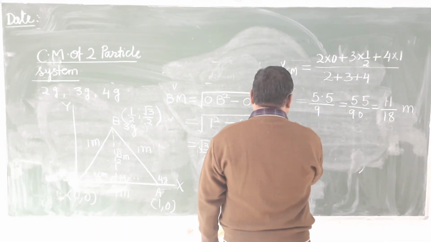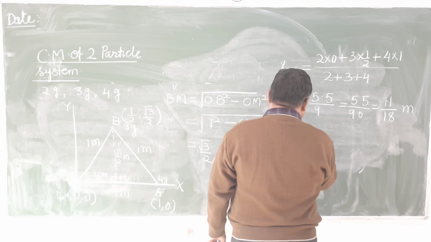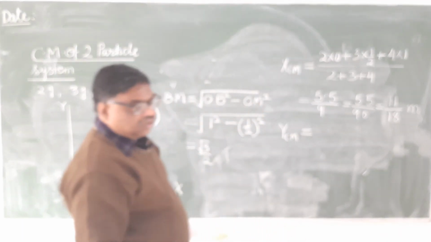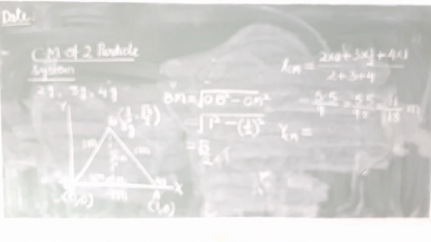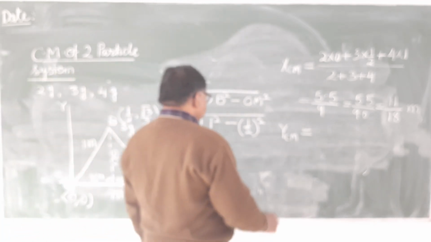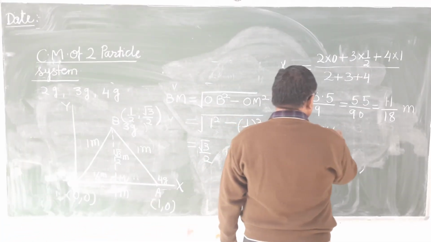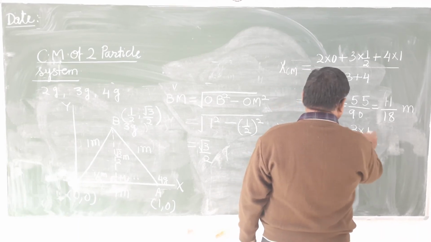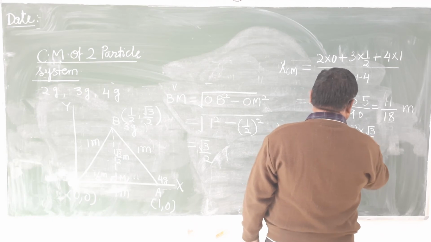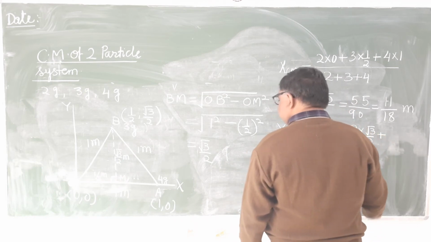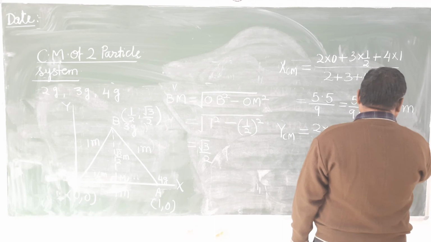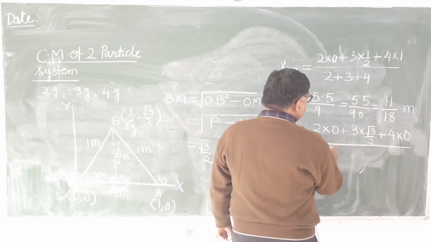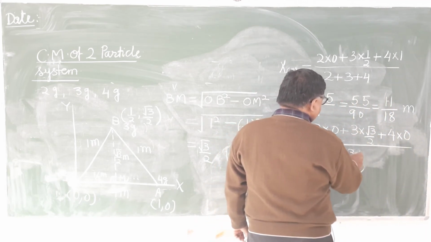Then you find out YCM. So what will be YCM? It will be 2 into 0 plus 3 into root 3 by 2 plus 4 into 0, divided by 2 plus 3 plus 4.